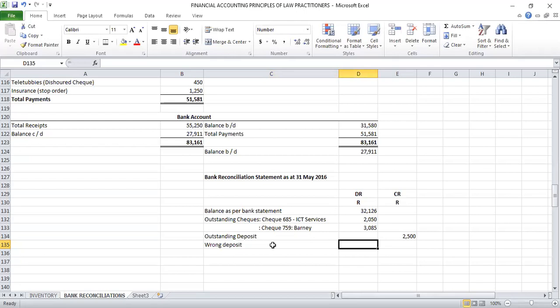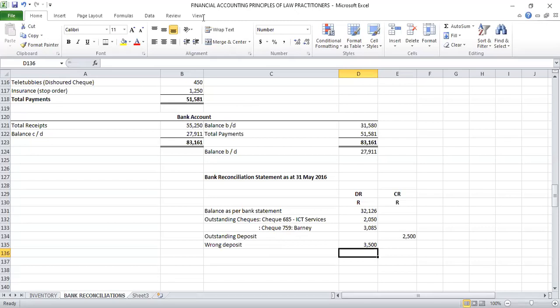Remember that the bank statement is prepared from the viewpoint of the bank. Now, if you've got money in the bank, to the bank that money is a liability. They owe you the money.